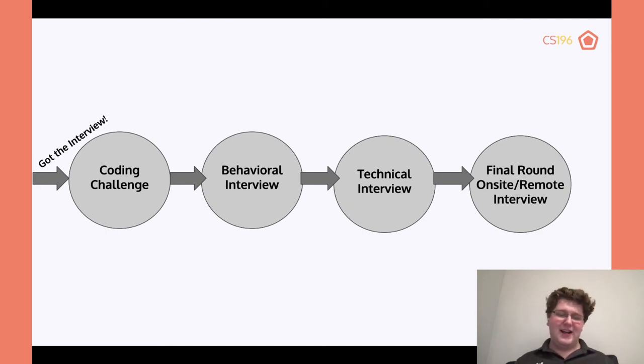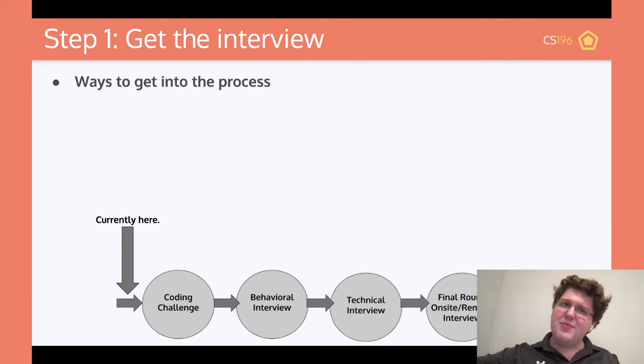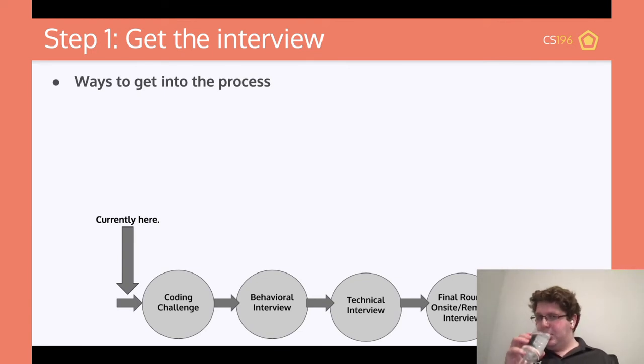That one's kind of complicated. We'll get there. And at the end, you'll have gotten the offer, hopefully. So this is basically the process that you're going to go through. You may have multiple technical interviews or anything else. It really just depends, and you'll have to sort of play it by ear based on each company. So step 1 is getting the interview.